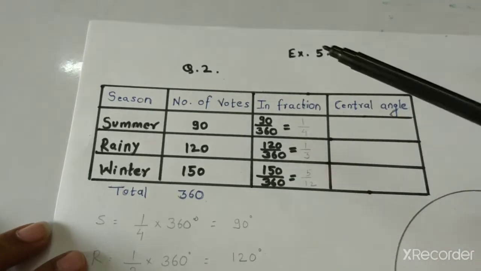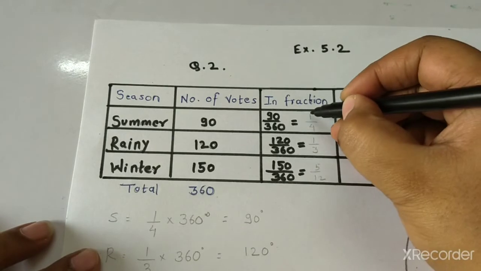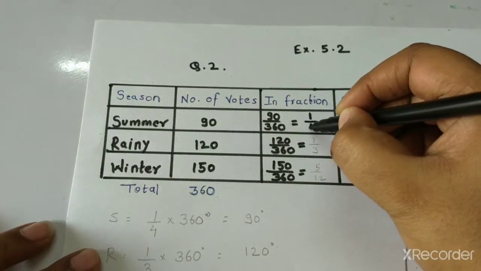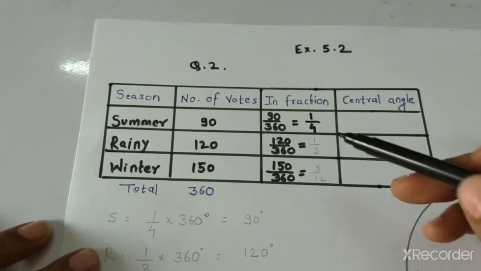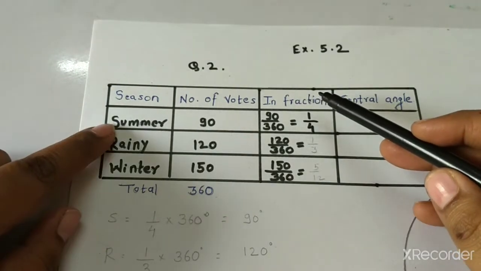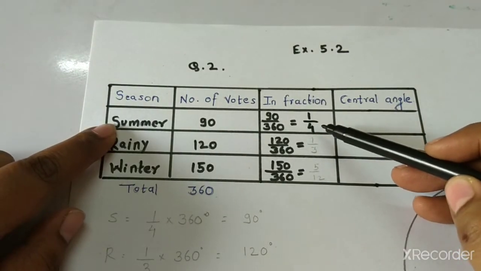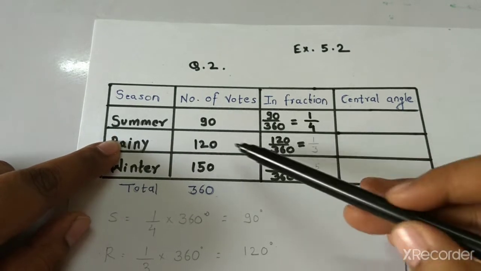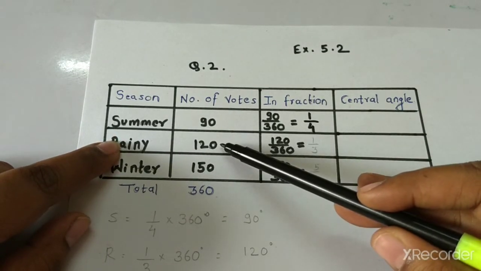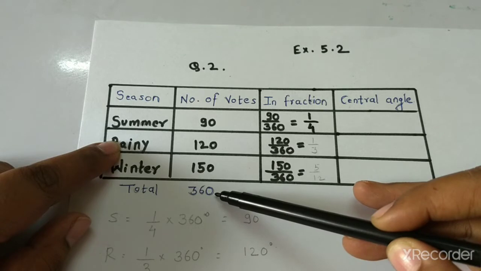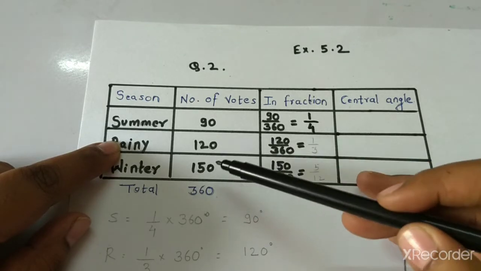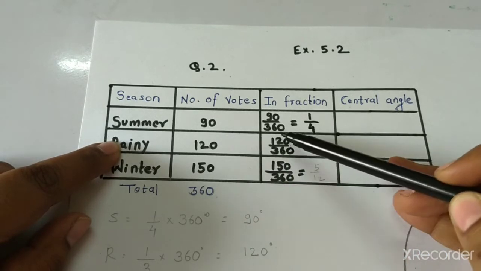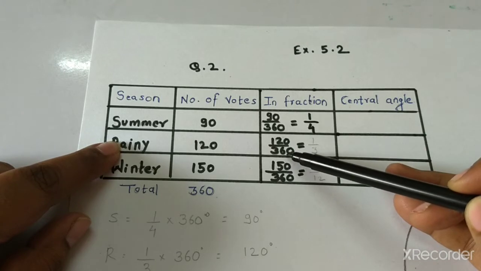0, 0 gets cancelled, right? And 9 ones are 9, 9 fours are 36. So the first fraction, in summer season, we got 1 upon 4, right? Similarly for rainy, number of votes is 120, total votes 360. So number of votes divided by total votes will be 120 divided by 360.